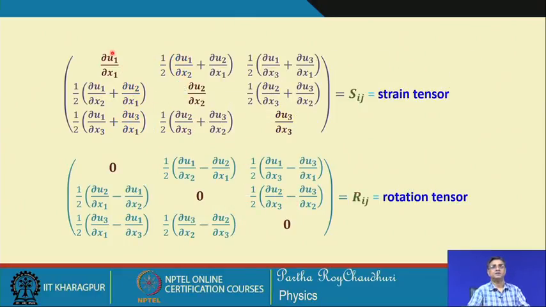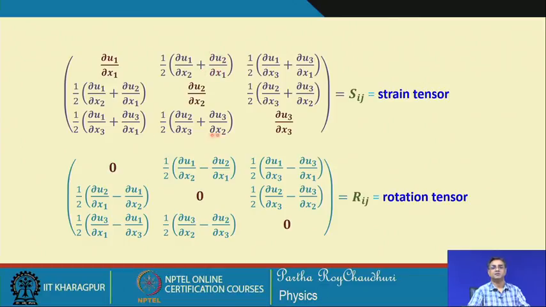Okay. So, you can see that del u 1 del x 1 will define the strain, because if there is a change in the length in the same direction per unit length, that will define the normal strain, whereas this quantity del u 1 del x 2 plus del u 2 del x 1 will define the shear strain.